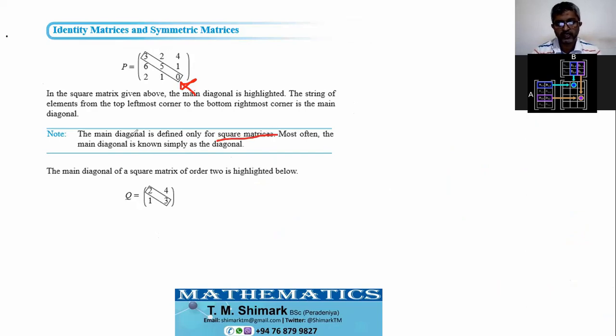Most often the diagonal is known simply as the diagonal. We don't call it a diagonal matrix or something like this. The main diagonal of a square matrix of order 2 is highlighted here, 2 and 3. Do you have any question on this?